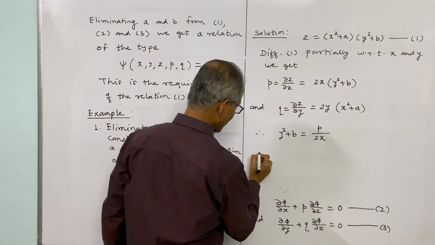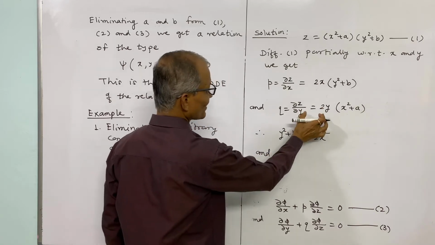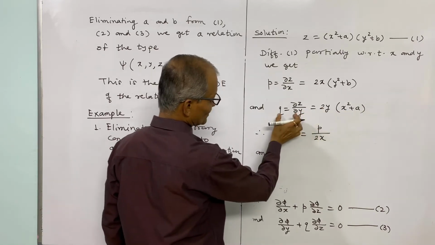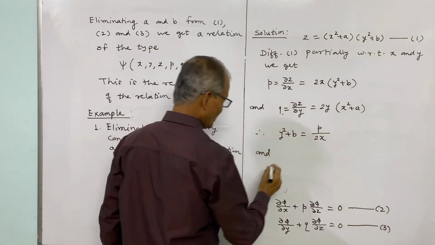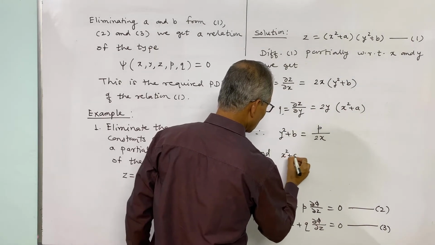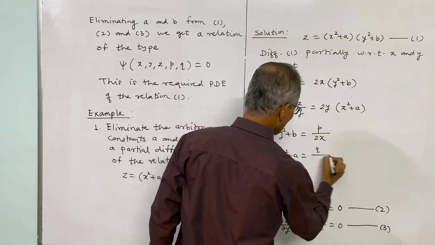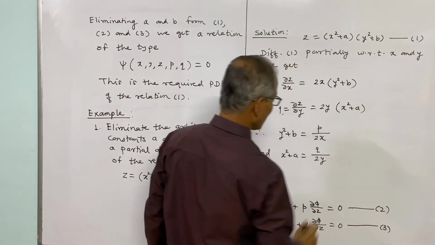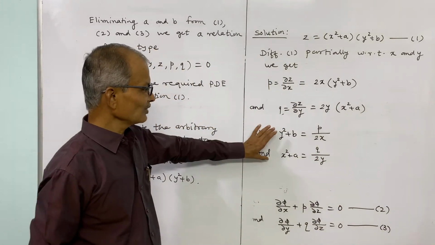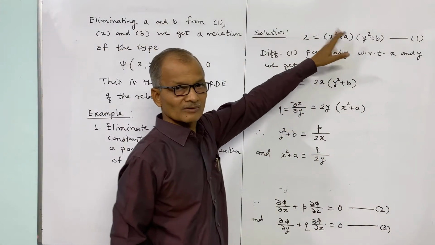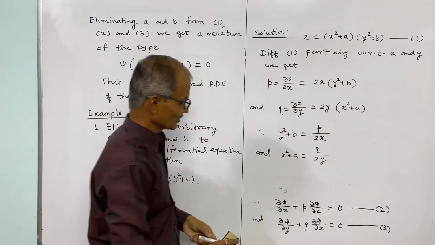And what about the second relation? This gives x square plus a is q divided by 2y. And thus now we can put these values in 1, so we will get the required partial differential equation.